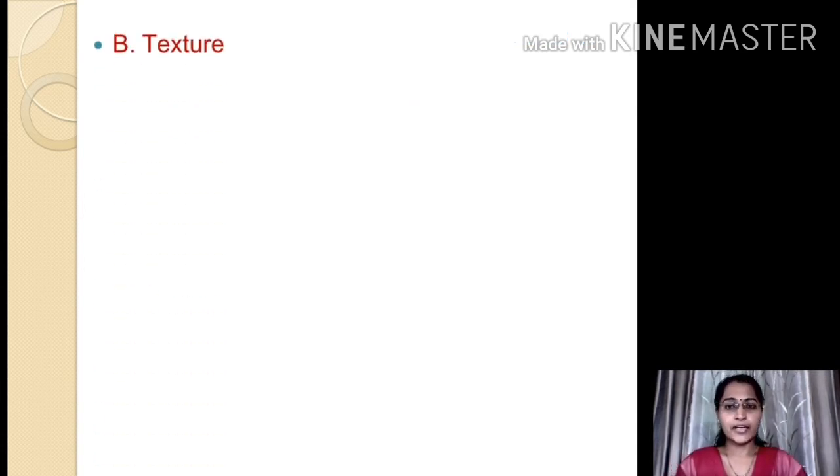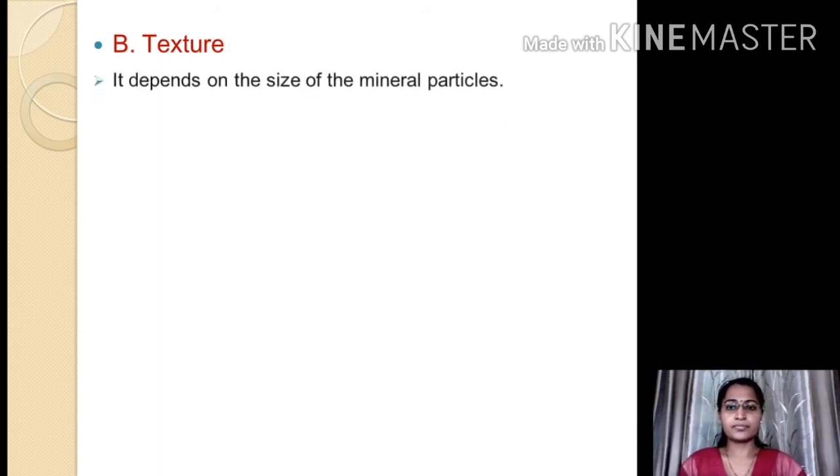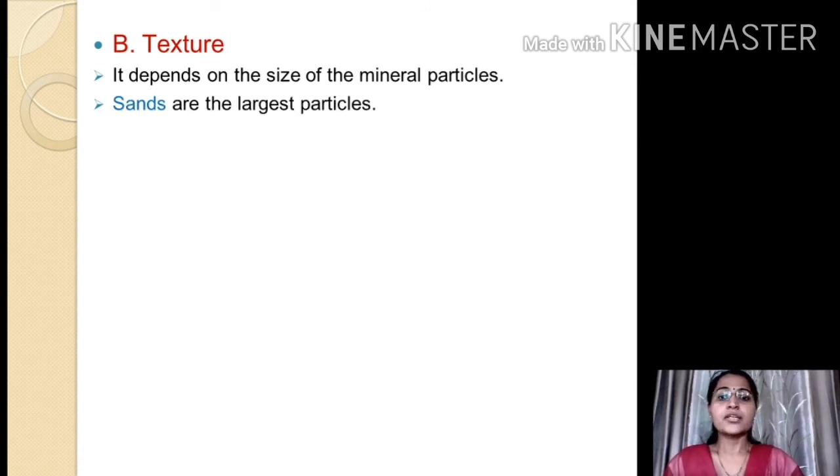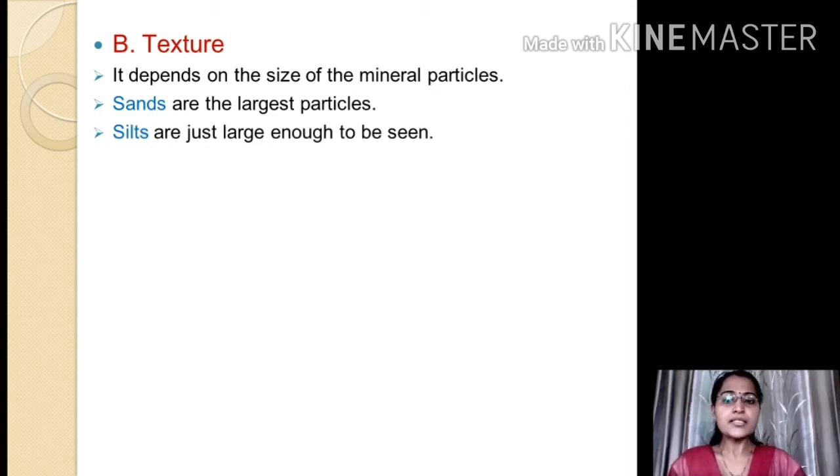Now see the second one, that is texture. Texture depends on the size of mineral particles. There are three types of particles: sand, silt and clay. Out of these, sands are the largest particles, while silts are just large enough to be seen, while clays are microscopic.